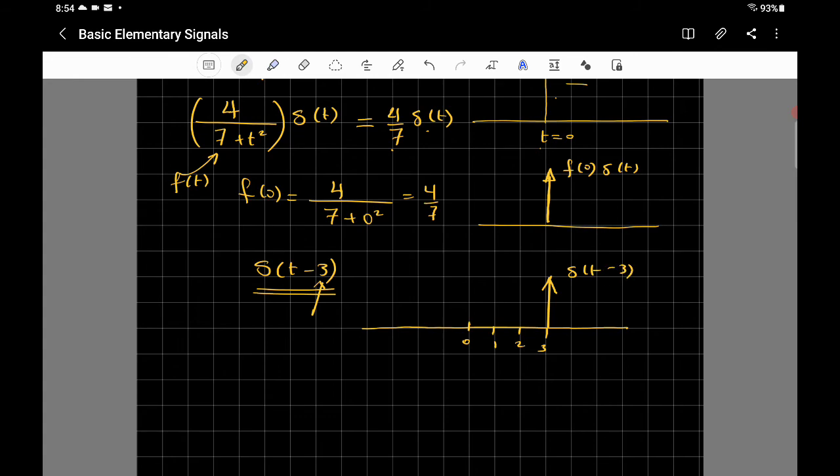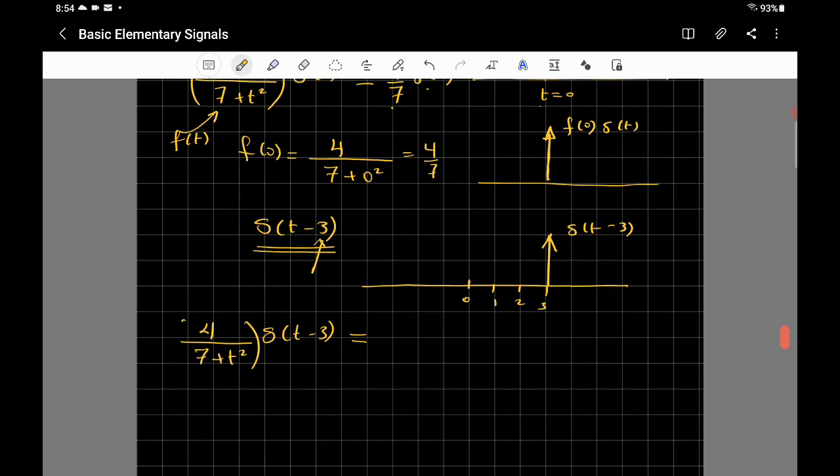Well, let's do the same example. What happens if we have 4 over 7 plus t squared multiplied by delta t minus 3? Okay, in this case, that's our f of t. So when you have f of t multiplied by delta t minus 3, it will be equal to the function at t equal 3 times delta t minus 3. You will have an impulse function or impulse signal and its height is f of 3.